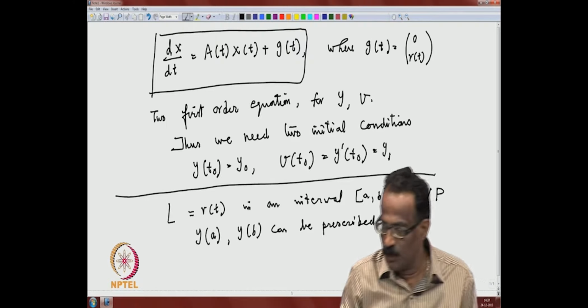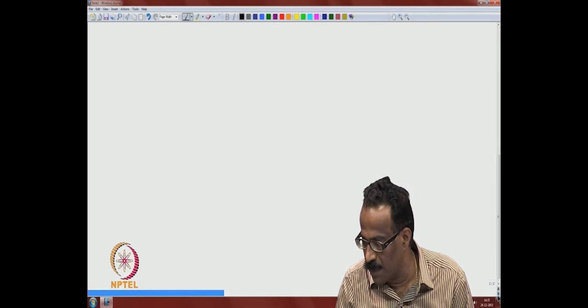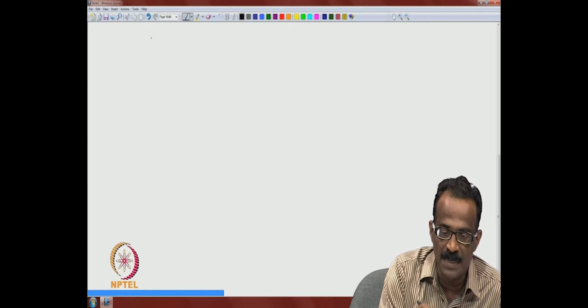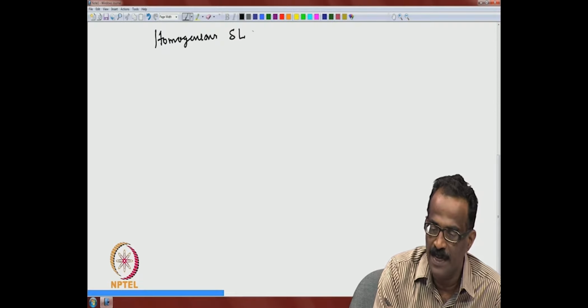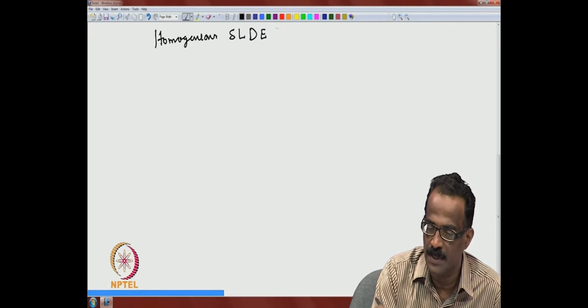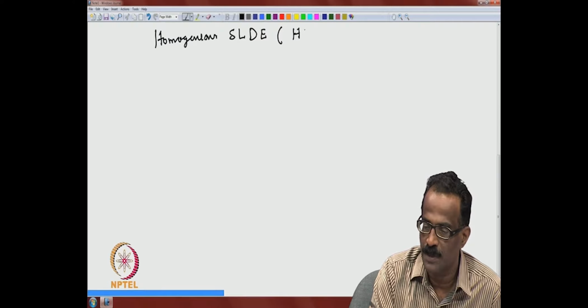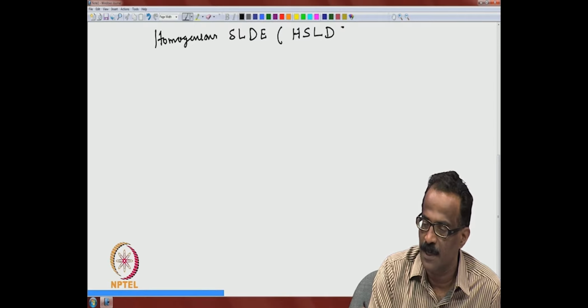So now we will classify. First we will start with homogeneous second order linear differential equations. Let me give a notation: homogeneous second order linear differential equation.